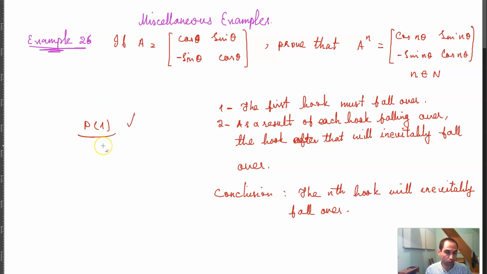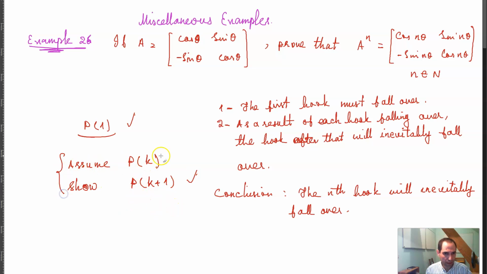And then I need to show that for every book falling over, the book after that falls over, meaning that I'm going to assume that some P of k is true, meaning that some book, any book, falls over, and then I'm going to show that P of k plus 1 is true.